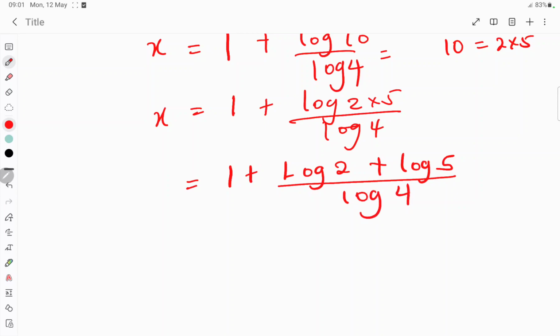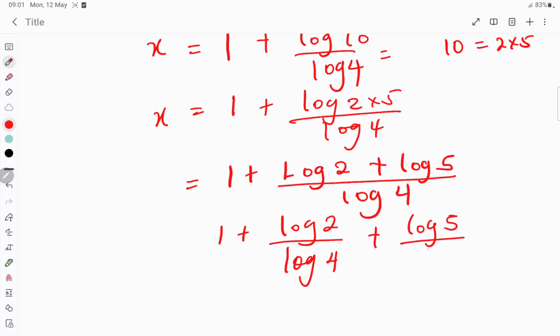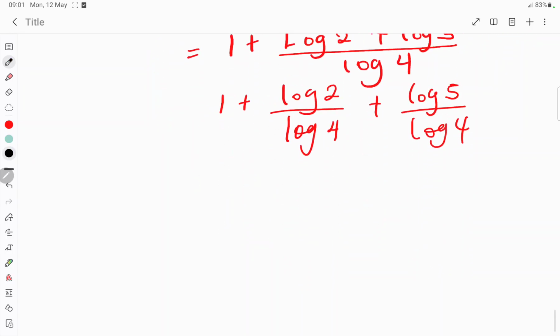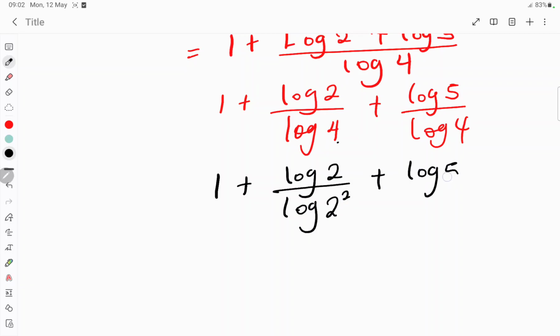Okay, on this we can now simplify. Have it as 1 plus log 2 over log 4, splitting the fractions, plus log 5 over log 4. Okay, if you look very well, you can now see that we can express 4 to be 2 squared, right? We have it as 1 plus log 2 over log 2 squared plus log 5 over log 4.